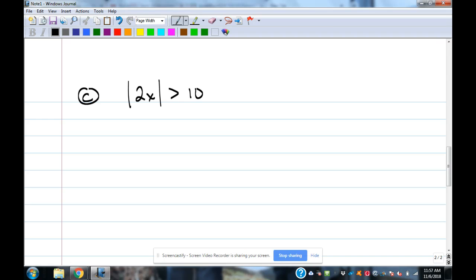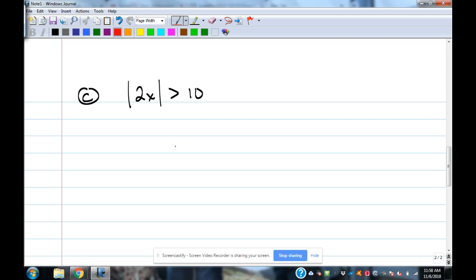Yeah, there's nothing on the outside of that absolute value, right? 2x is on the inside, but there's nothing on the outside of it. So we can decide, is this an and or an or problem? It's an or because greater than tells me it's an or.